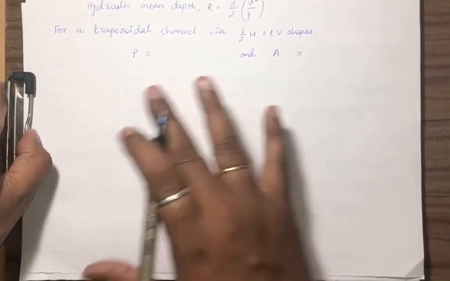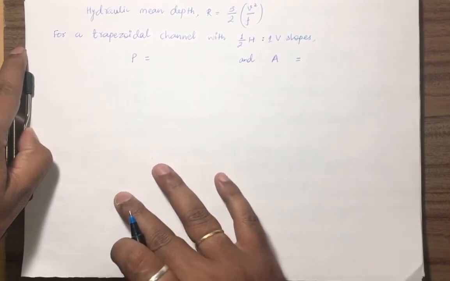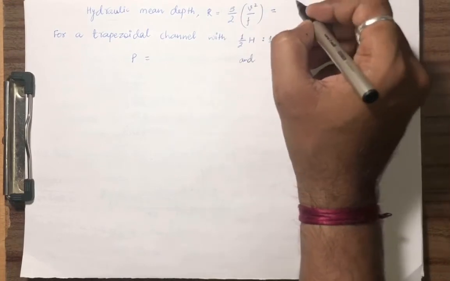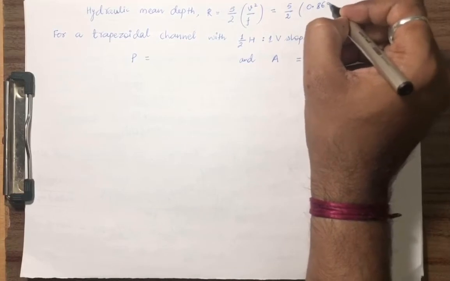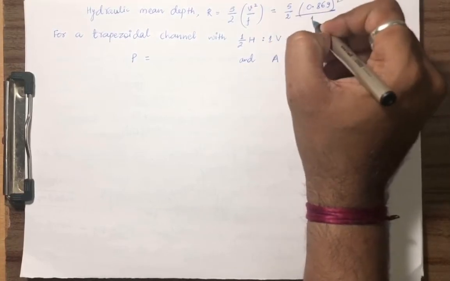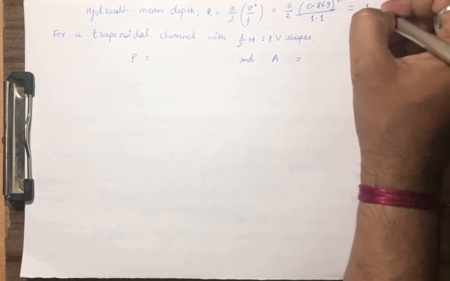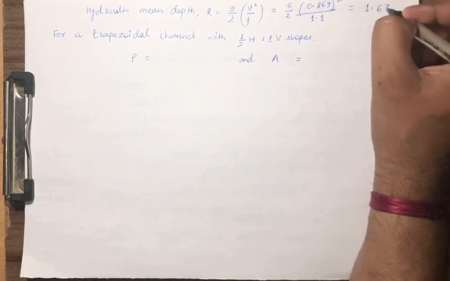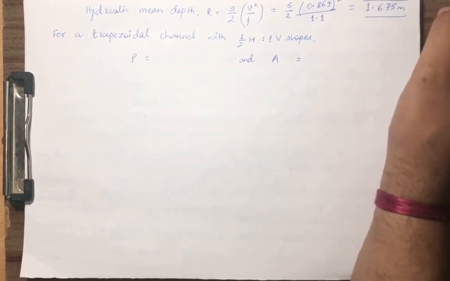Now the next quantity is hydraulic mean depth, which is 5 by 2 V squared by f. So 5 by 2 into 0.869 squared upon 1.1. So R is coming out to be 1.675 meter.